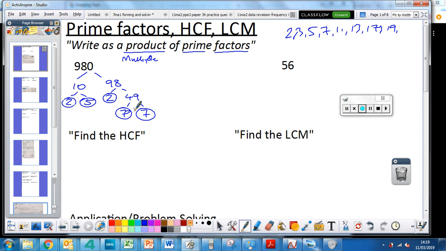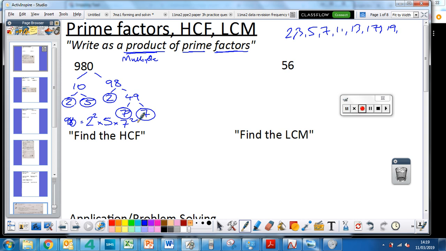Remember, it said a product of its prime factors. So for 980, it's equal to 2 times 2 times 5 times 7 times 7. So 2 squared times 5 times 7 squared. Nice and simple.